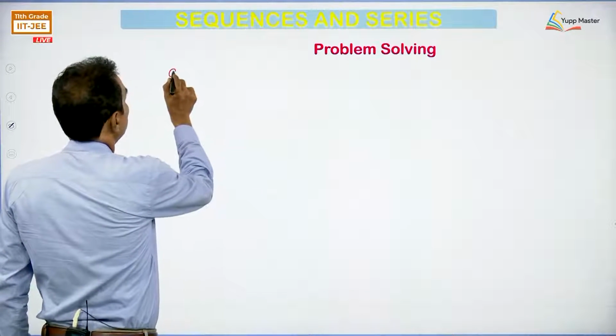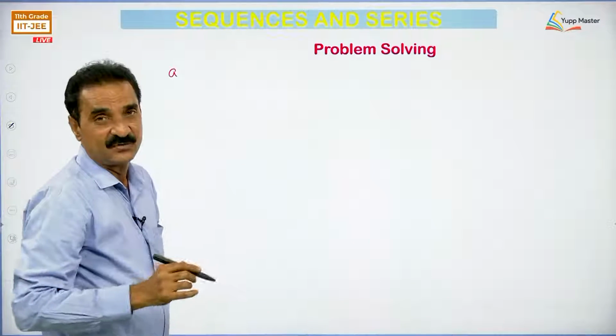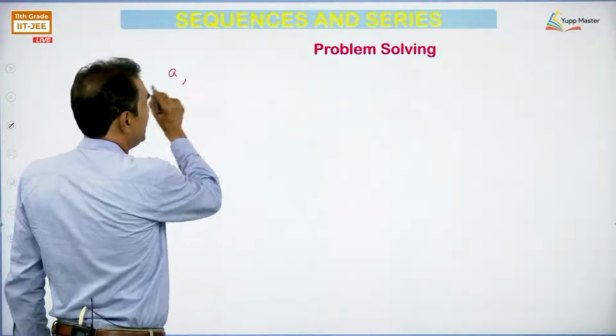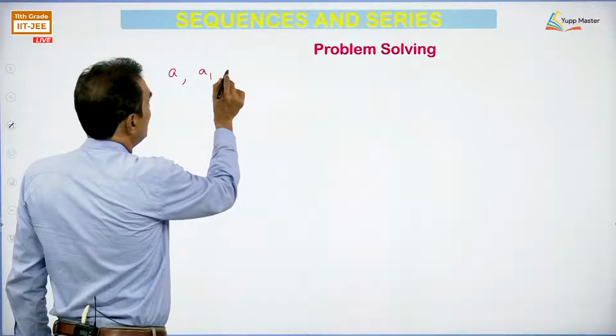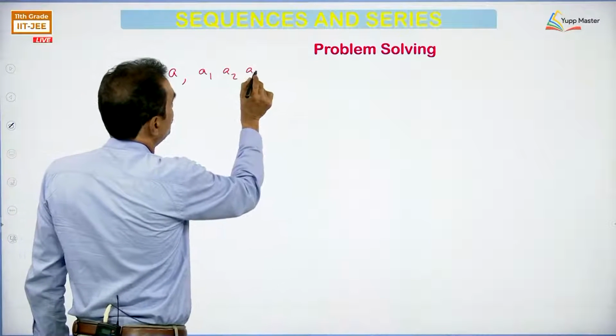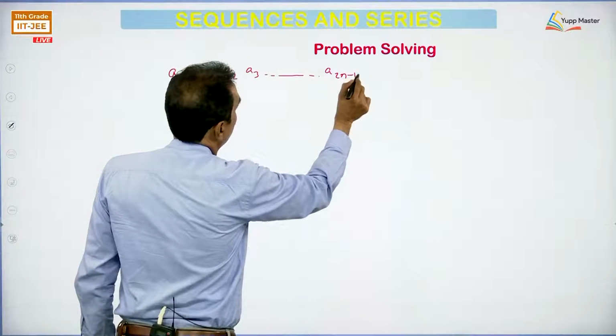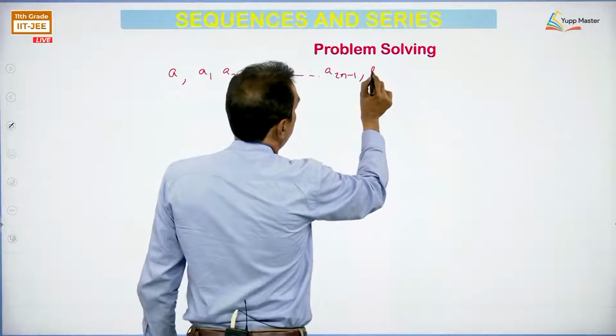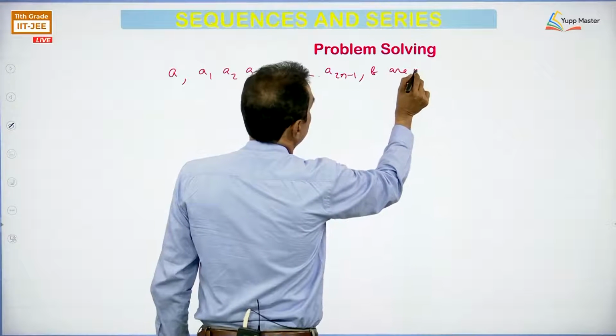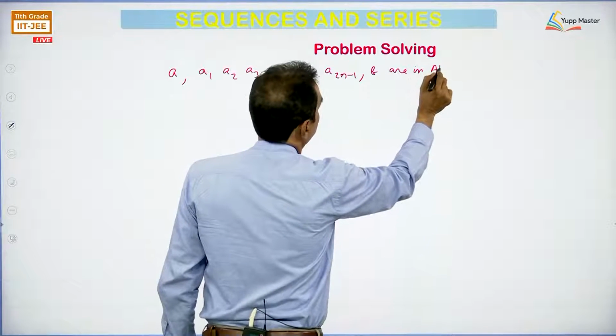Let the arithmetic means be denoted by A1, A2, A3 and so on. So A, A1, A2, A3 and so on, A2n minus 1, B are in AP. Alright.